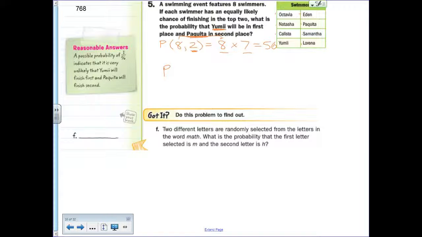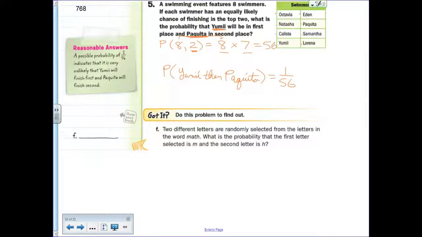Well, the probability of Yumi then Pakita would be 1 out of 56 because only one of these 56 different permutations of our 8 swimmers to 2 places would be Yumi then Pakita.